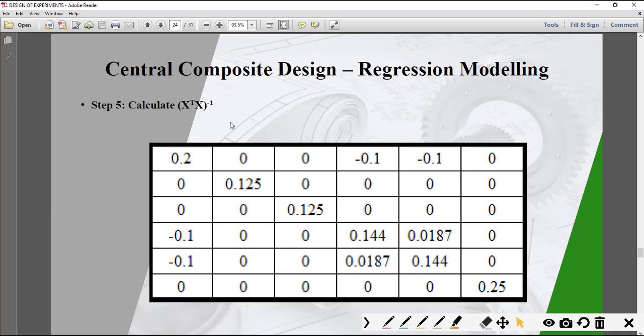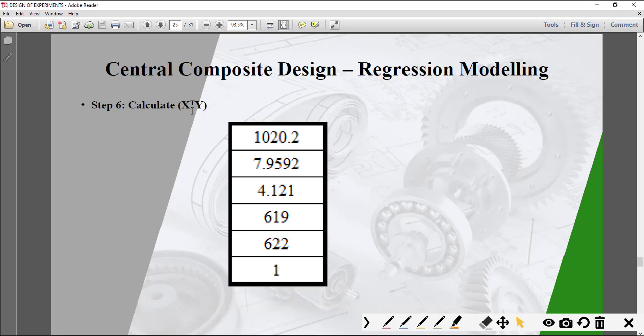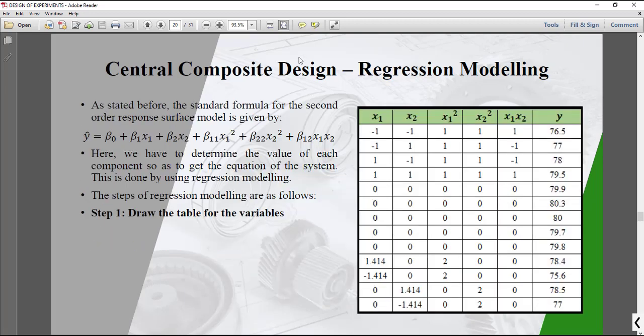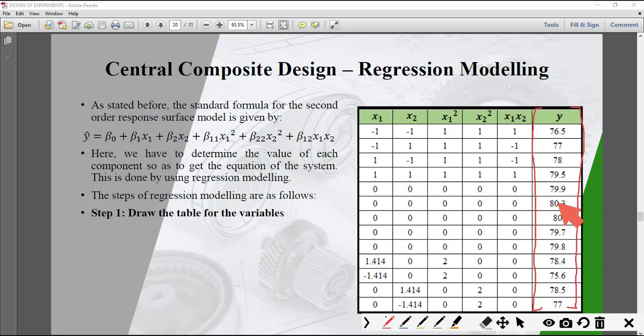Once you have found out the inverse of Xt into X, you also have to find out Xt into Y. What is Y? Y is this. See, Y is just this column. This is a column matrix because it has only one column. So what are the steps?